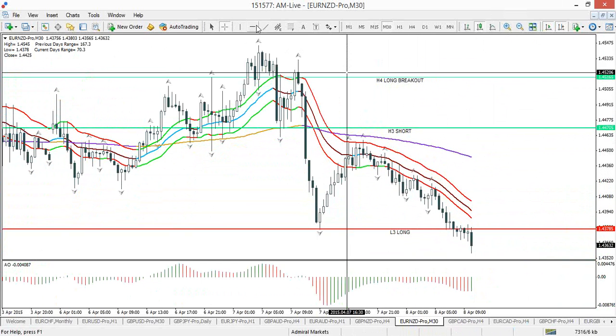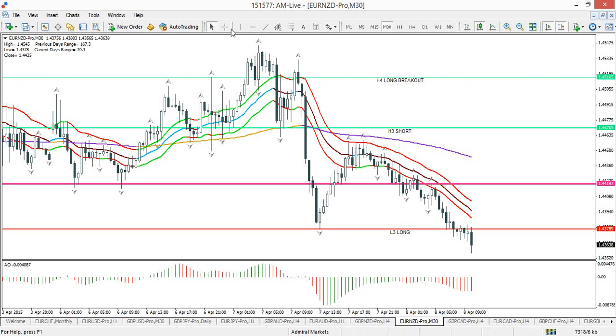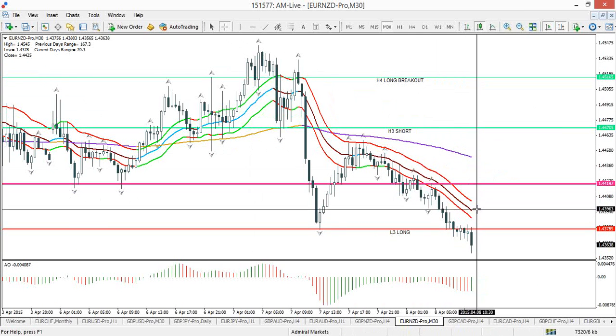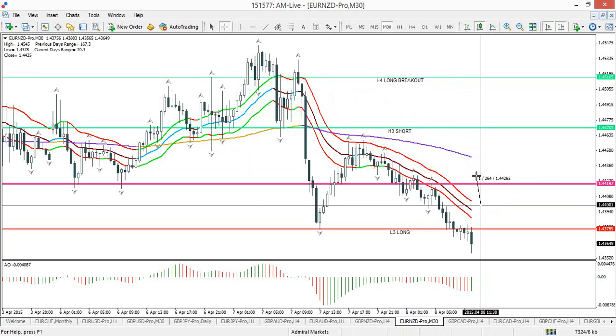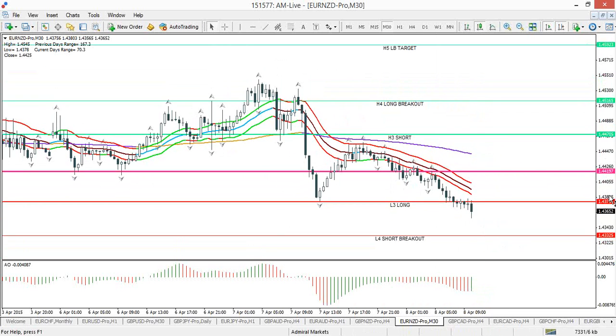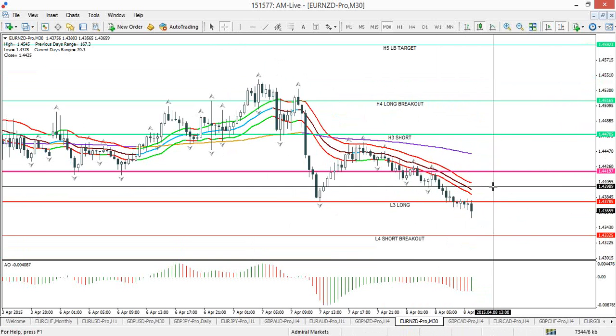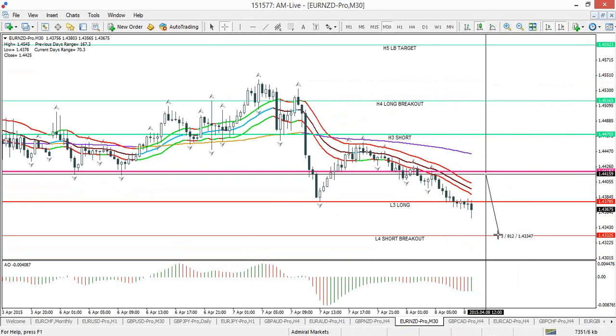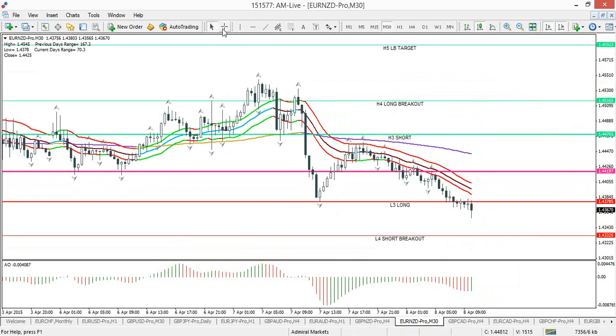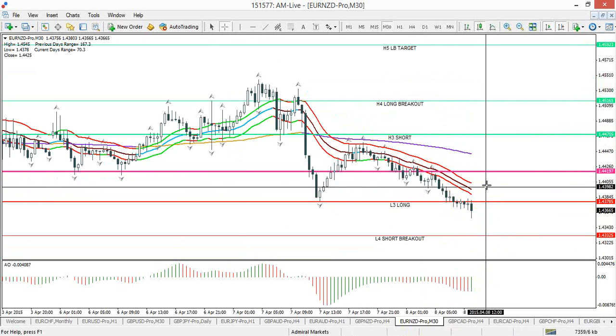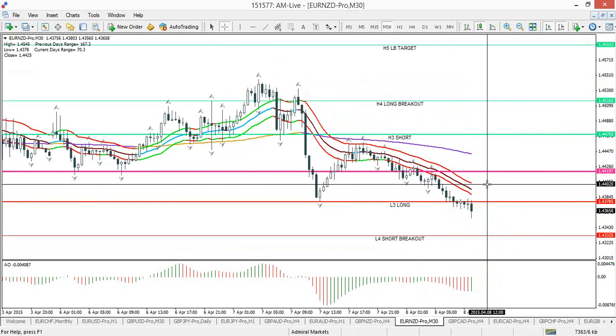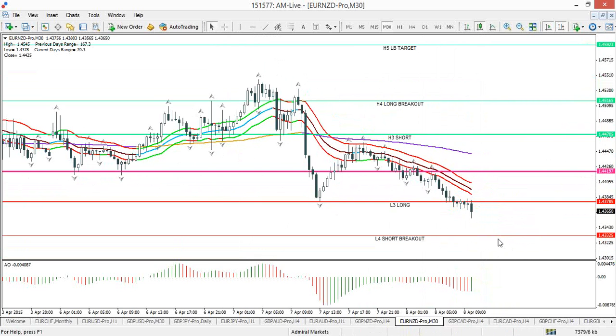If this fractal is used, the risk could even be further reduced to about 25 pips. And an exit would have to be at L4 for about a target of 80 pips, which does give a great reward to risk. The chances of this trade working out, I don't know, maybe 50-50, but the reward to risk is certainly in its favor.